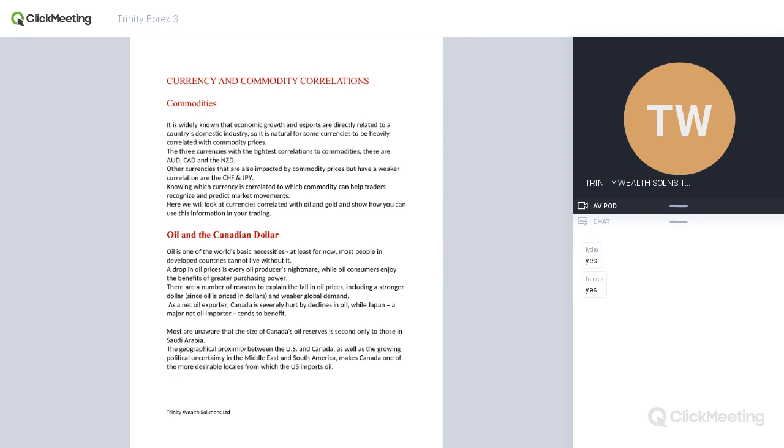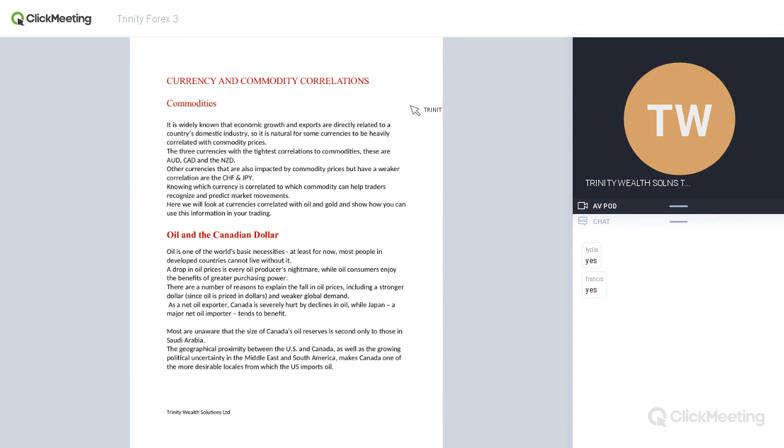If gold is increasing in value, which is the best currency to go for, which is correlated with gold? Same case with oil. You're going to see some of them and how to trade such correlations, and how you can benefit from them.